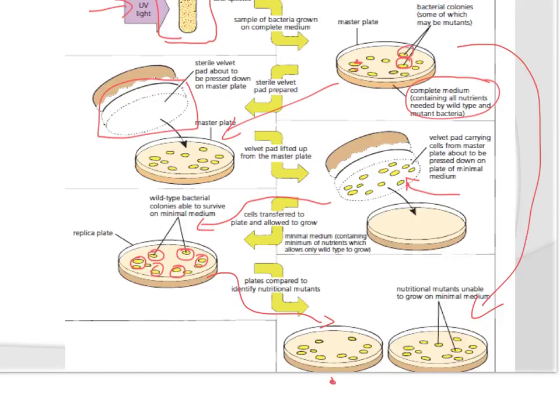And you're able to work out whereabouts your mutant colonies are. You can take them out and you can then grow them on the media for future use.